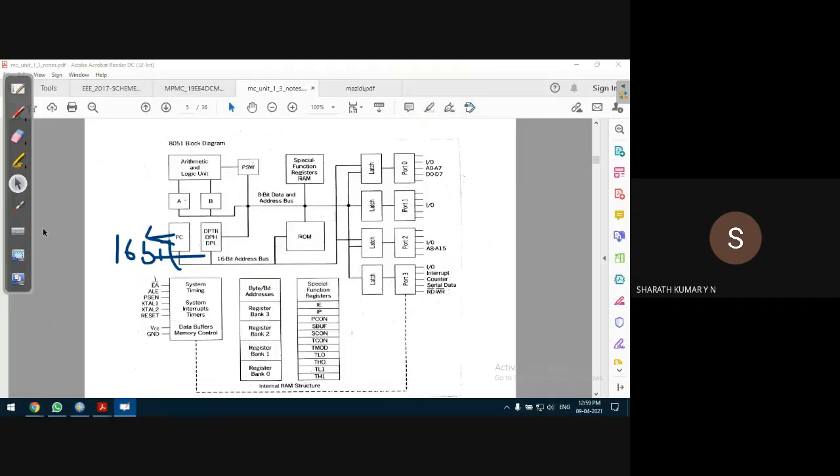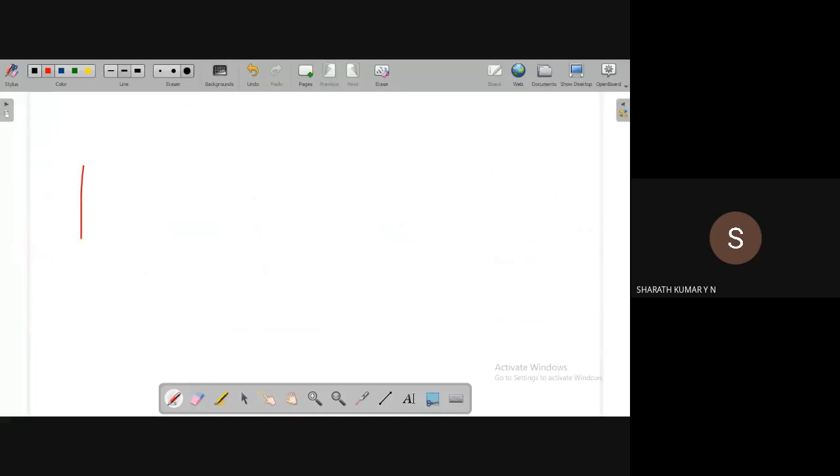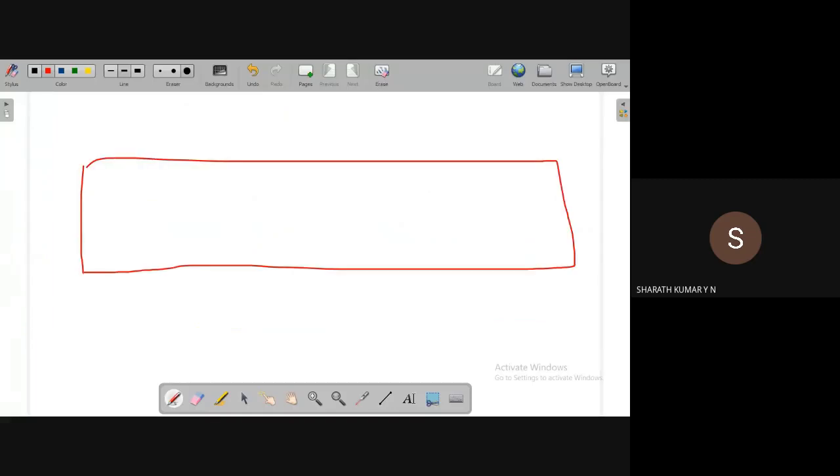Now, let us come back to the program counter, which is 16 bits in size. 16 bits means it has 2 bytes. This is the program counter, PC. The lower byte is from 0 to 7, and the upper byte is 8 to 15.